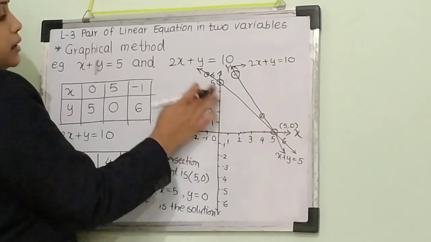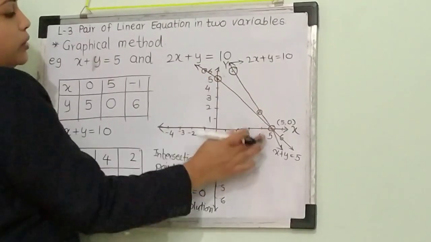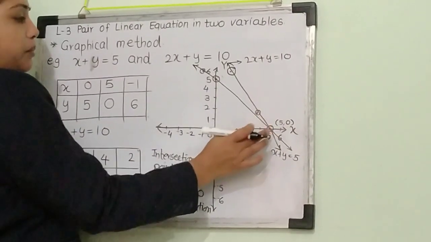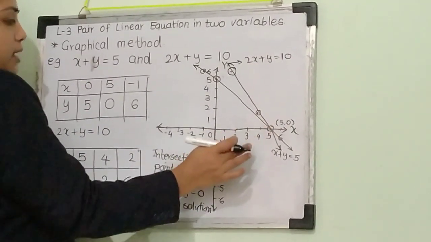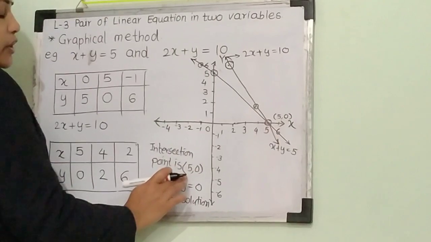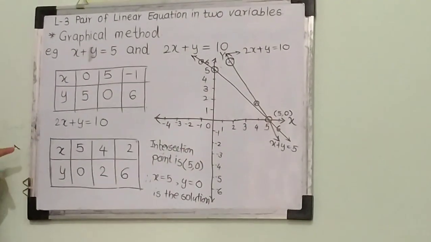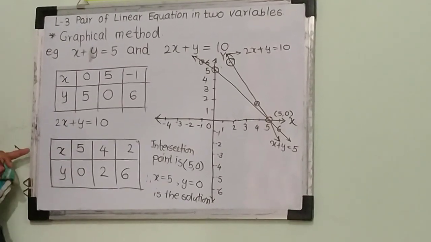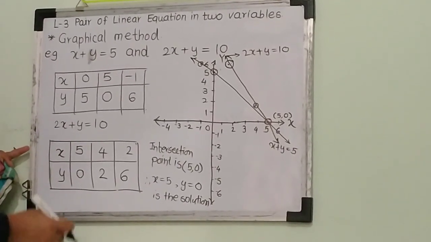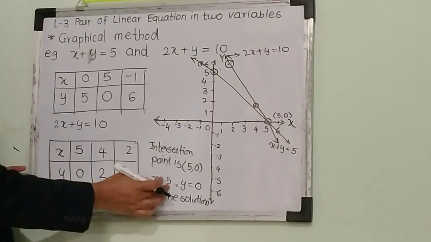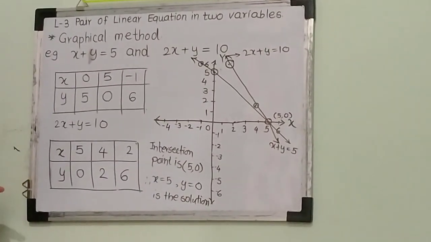We get two lines that are going to intersect at one point. It means that the intersection point is the solution of the given linear equations in two variables. So here in this example we get x equal to 5 and y equal to 0 as the solution.